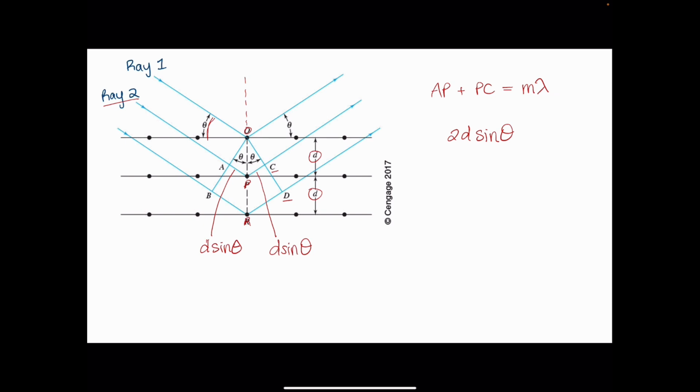And so from this we end up with Bragg's law. So this is Bragg's law, or Bragg's equation, where m is the diffracted order, which is again just an integer. And as a result, X-rays are only reflected from the crystal if sine theta is equal to m lambda over 2d.